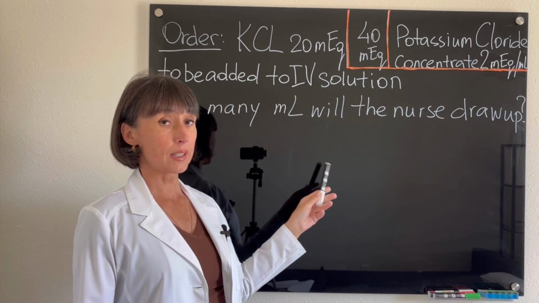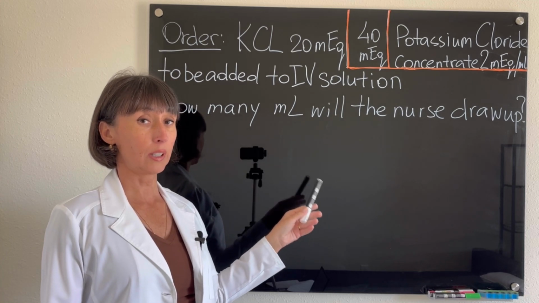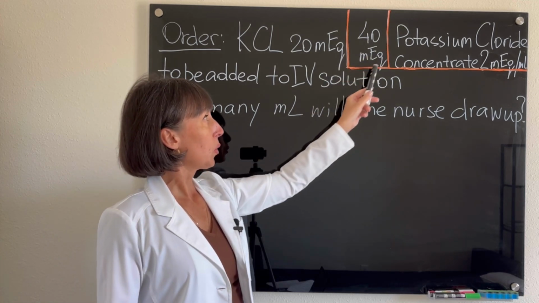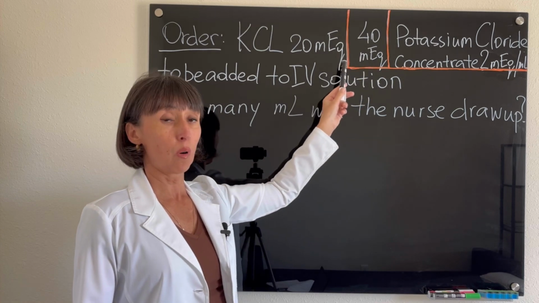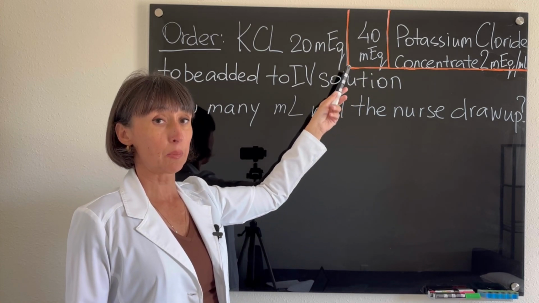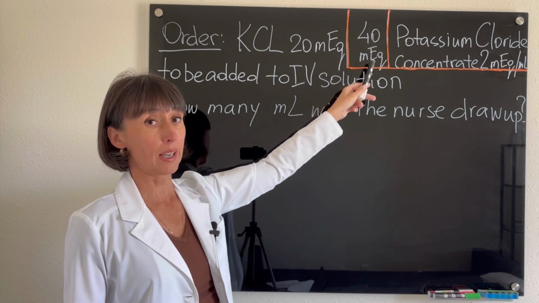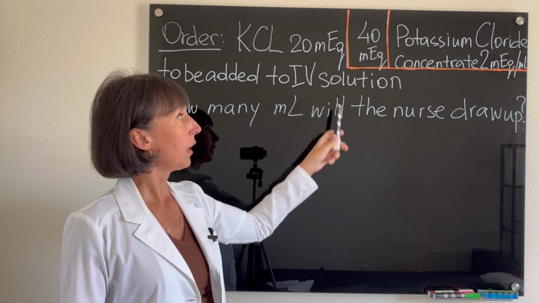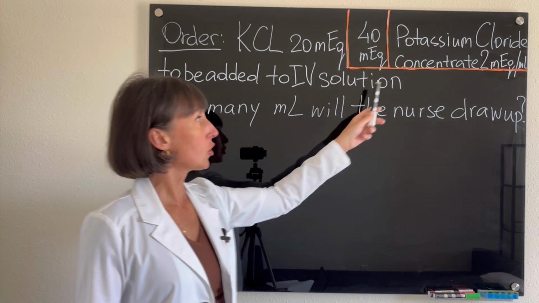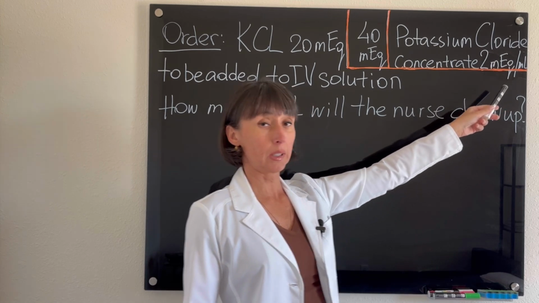It's important to understand what numbers you have on your label. This 40 milliequivalents represents the total amount in this package, so this one doesn't help us solve our problem. What we need is the concentration, 2 milliequivalents per milliliter.